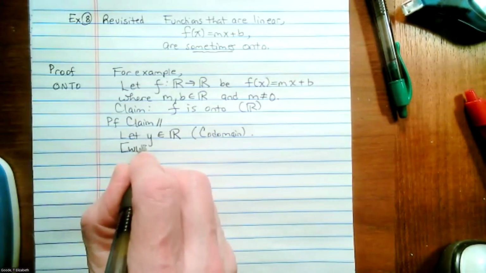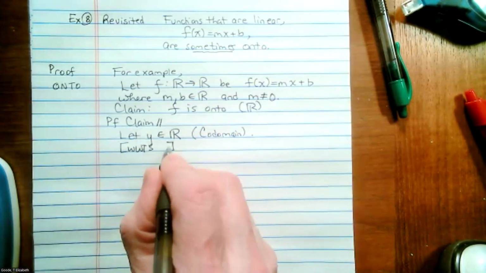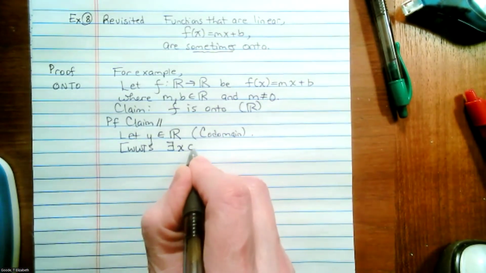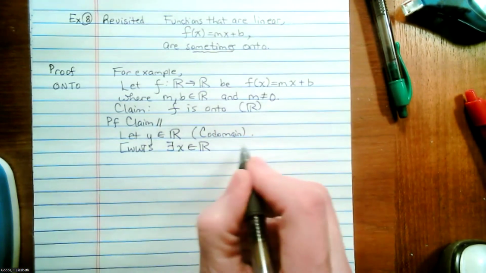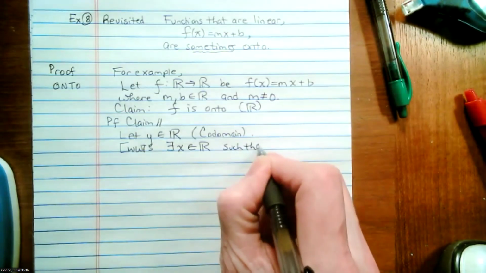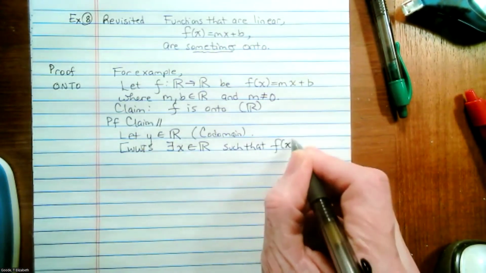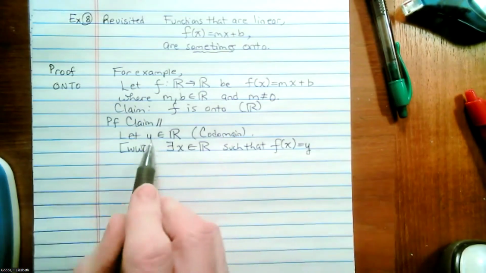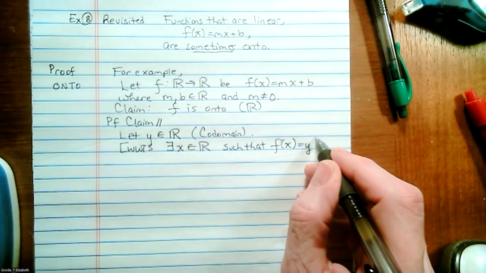Well, we wish to show that there exists an x in the reals, where we're thinking about the domain, such that f of x equals y. We want to find something that's going to map to the arbitrary y.